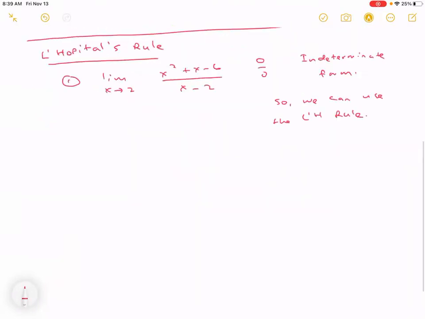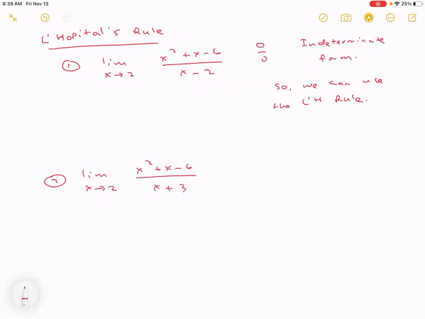So number 2, x squared plus x minus 6 divided by x plus 3. Okay, so x plus 3. How do you find this limit? Well, the limit as x approaches 2. You factor the top again, x plus 3 times x minus 2, isn't it?